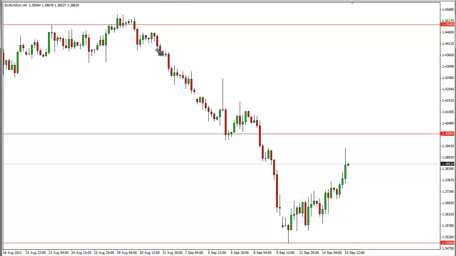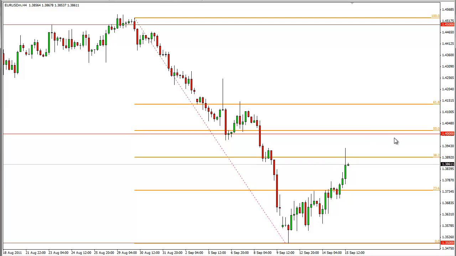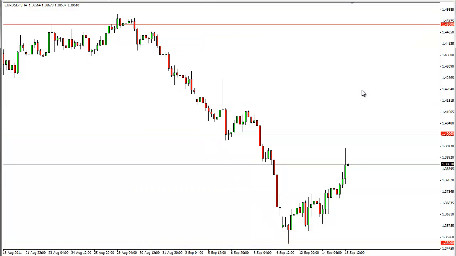Also, you have to keep in mind that even though we've pulled back quite nicely, that's the 38, and the 50% retrace from the fall is right at 140. So 140 sets up to be more and more interesting as time goes along.